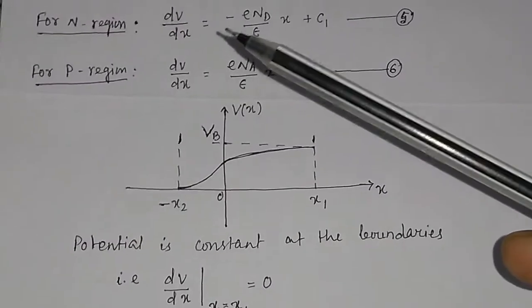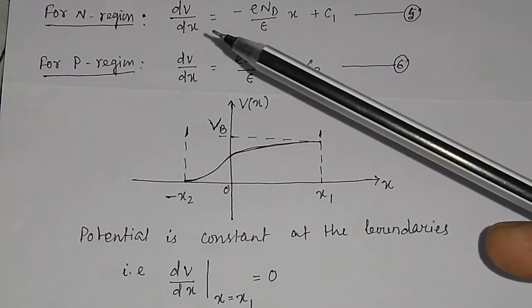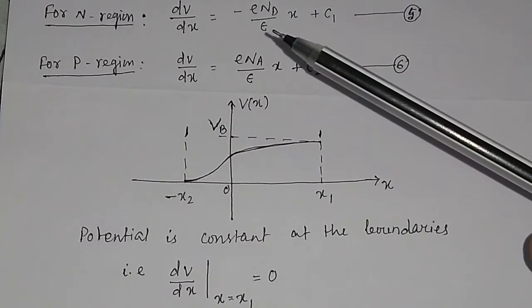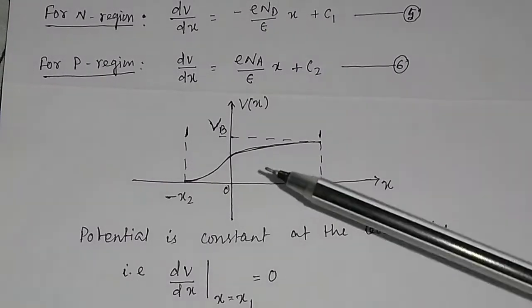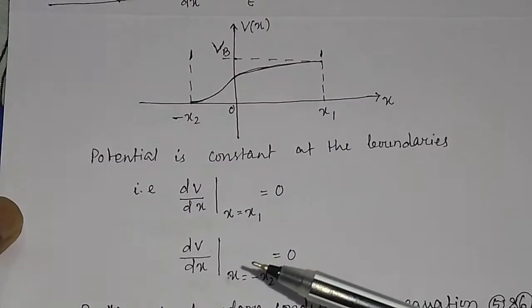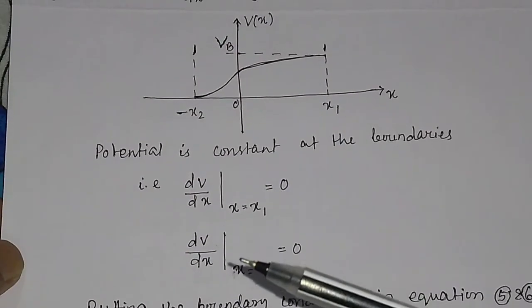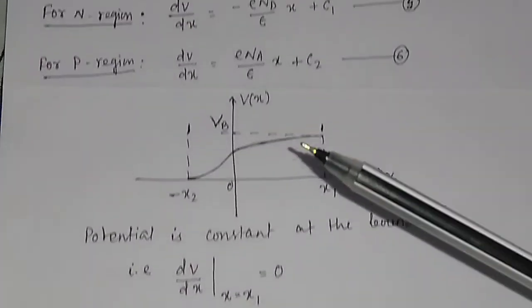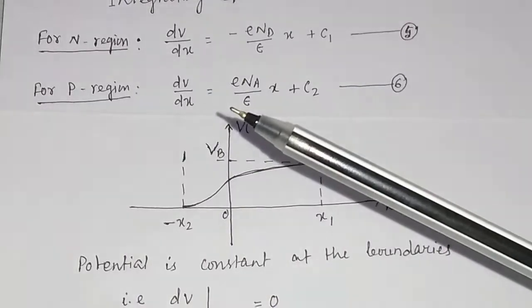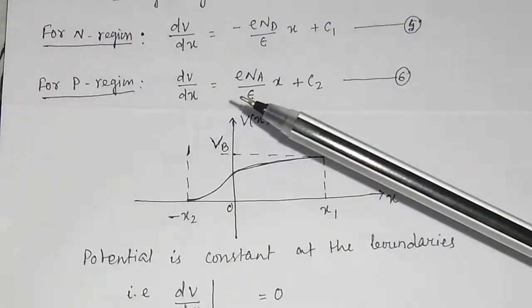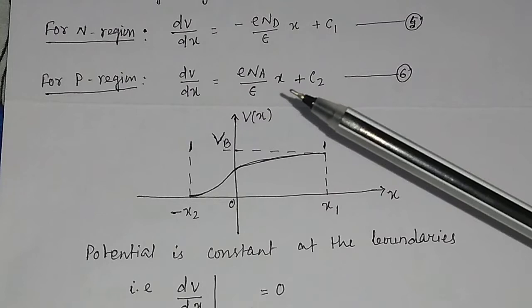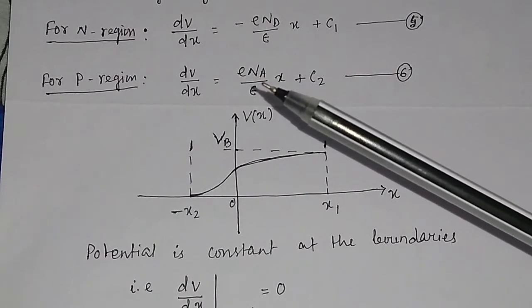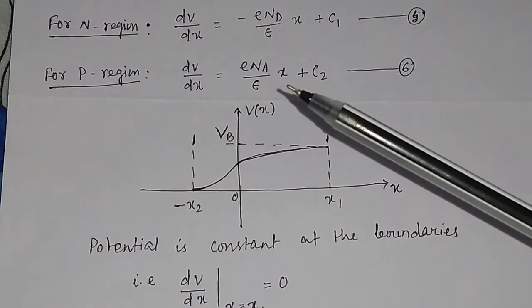So if you put dV/dx at x equal to x1 as 0, then C1 will be equal to e Nd divided by epsilon into x1. And if you put the second boundary condition, dV/dx at x equal to minus x2 equal to 0, then C2 will be equal to plus e Na divided by epsilon into x2.